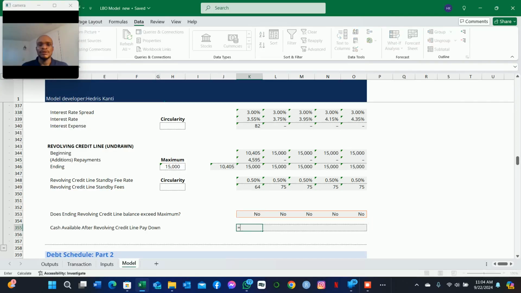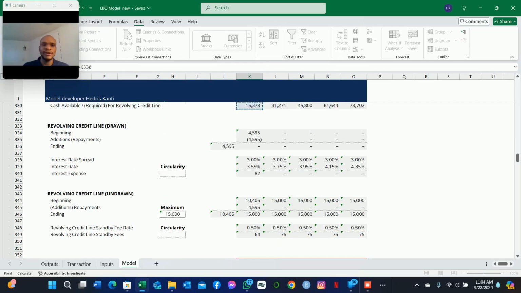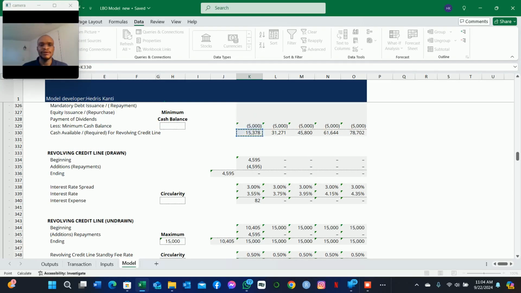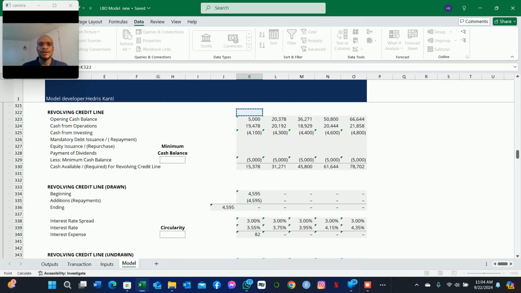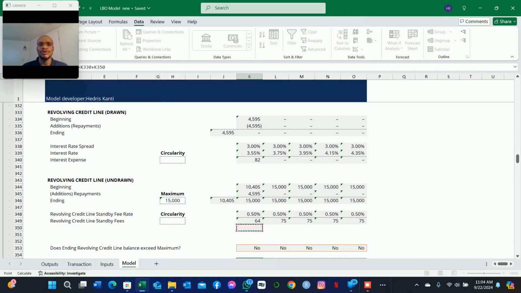And then for the cash available after the revolver credit line has been paid, what we are saying here is that whatever adjustments from operations we had, we take that adjusted cash from operations and offset it by whatever we use to pay the line of credit.